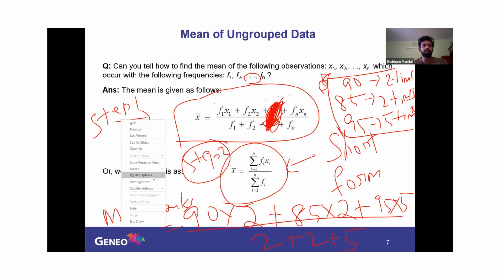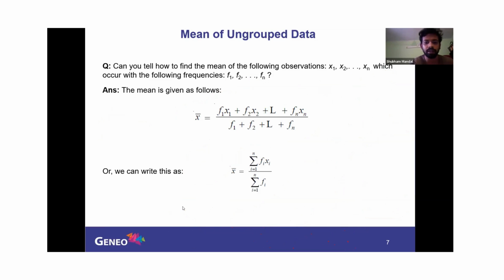Step 2 is just the short form. What is i in the second step? i is just a notation.